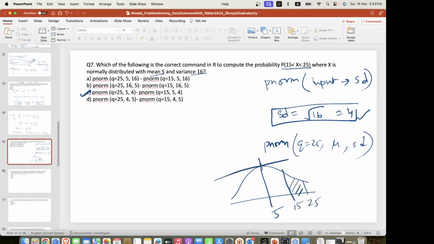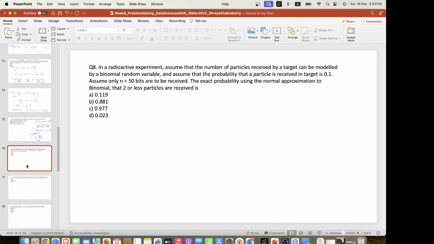So calculate till 25 and subtract the area from the left-hand side till 15. So it will be pnorm 25 minus pnorm q equal to 15. Mu should be 5, SD should be 4. Okay, good.